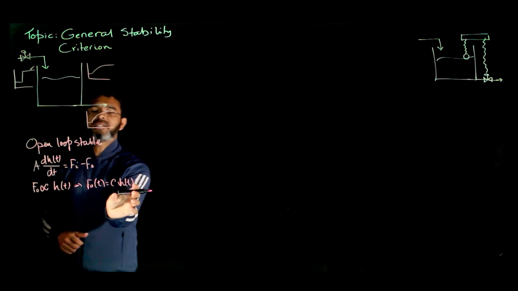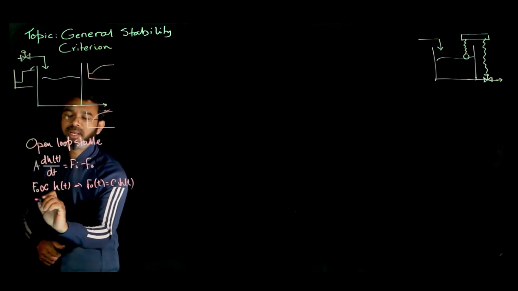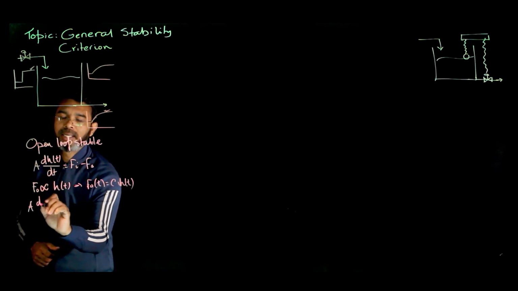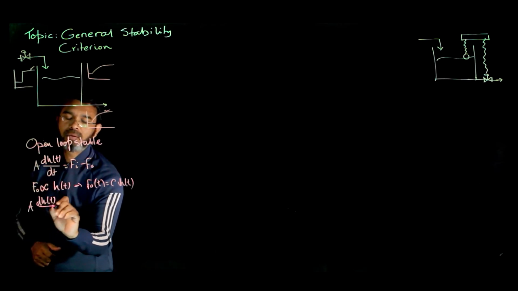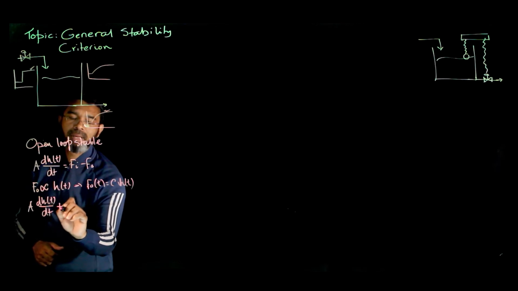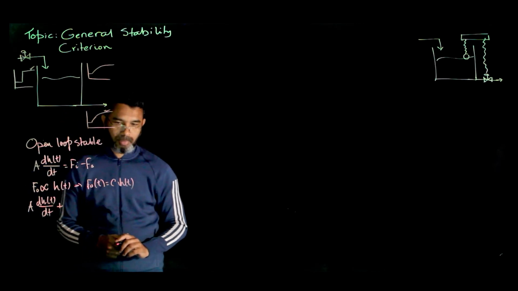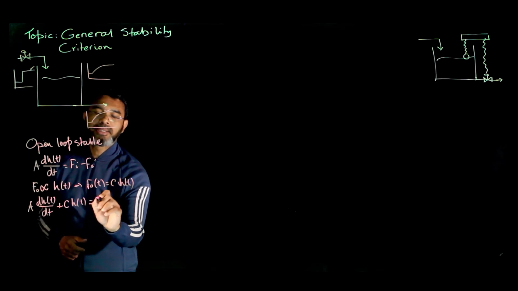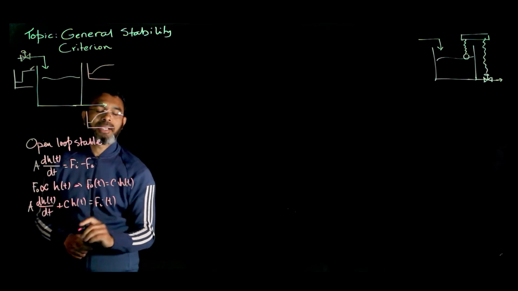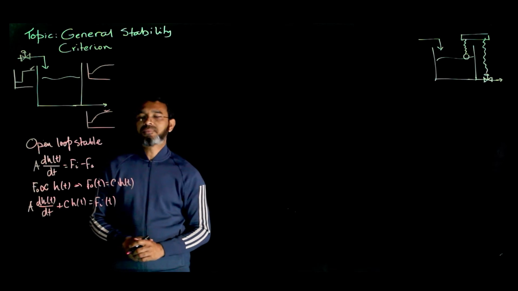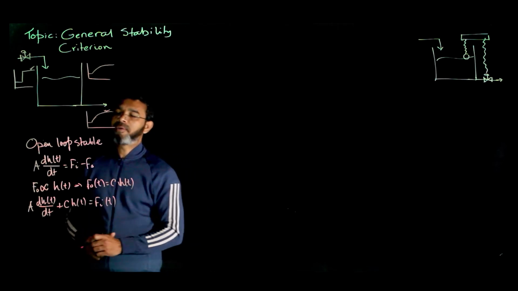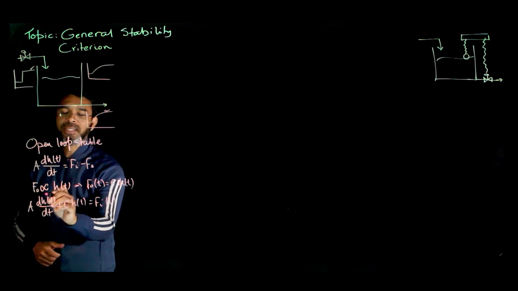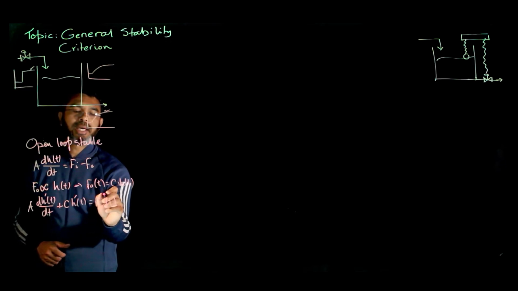Now if we plug in this value here, we'll get A dHt over dt plus C Ht equals Fi, and if I write it as Fit. Okay, and if we then convert it into deviational form, we'll get this formulation in the deviational form.